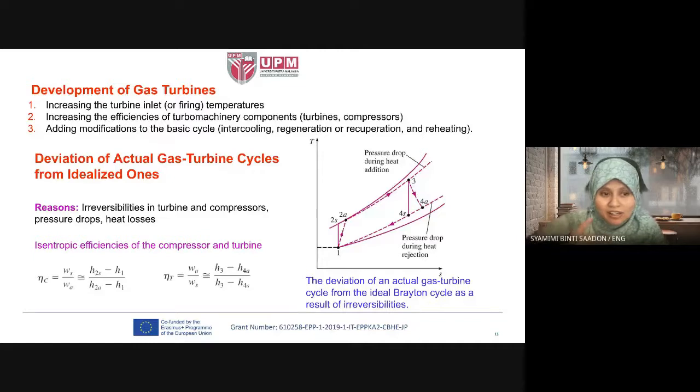So there are several methods to modify the basic cycle in order to increase the performance of the whole gas turbine. Of course, different methods have different pros and cons, so it depends on what our objective is, what we want to optimize, what we want to prioritize. There is no one solid solution to improve the performance of gas turbines.